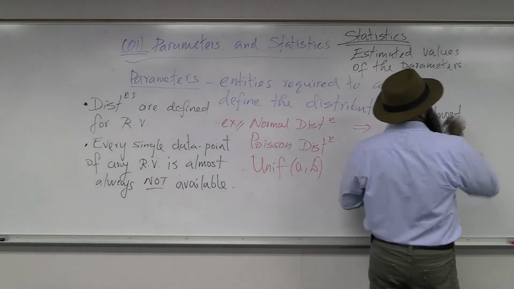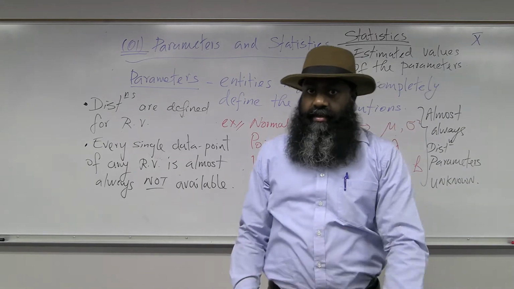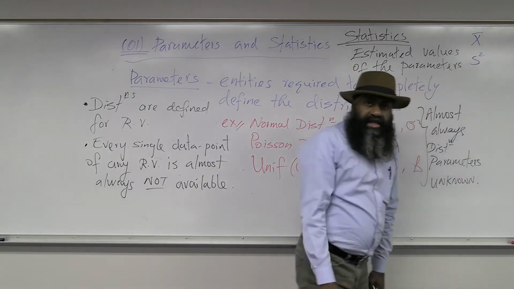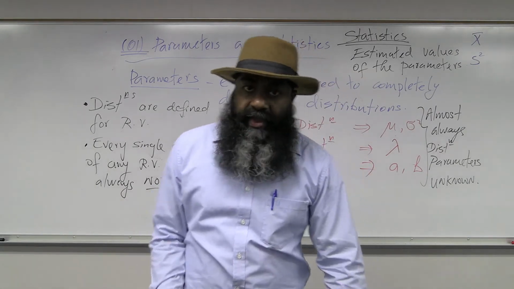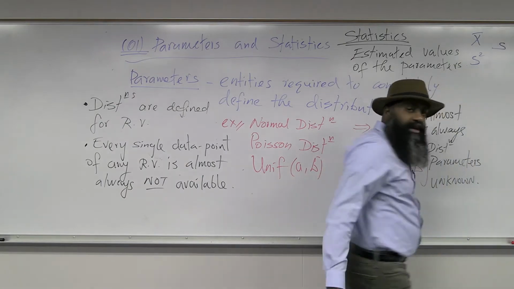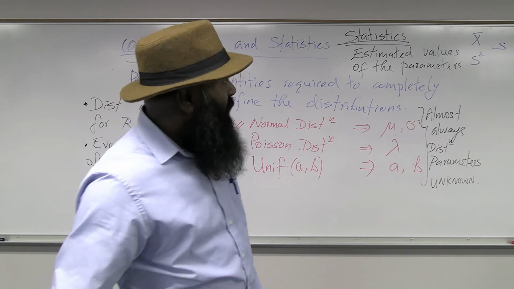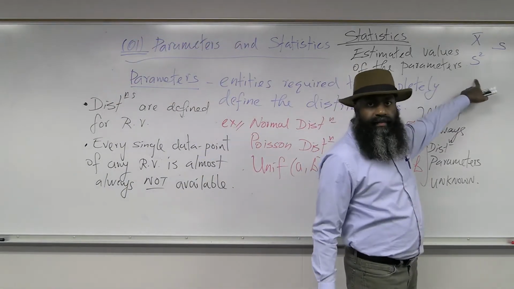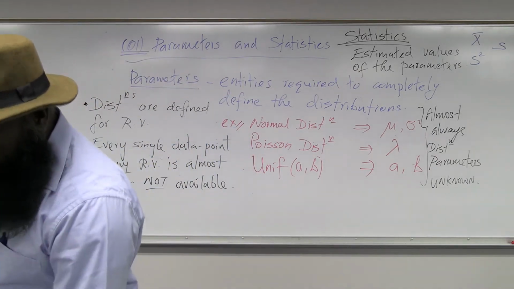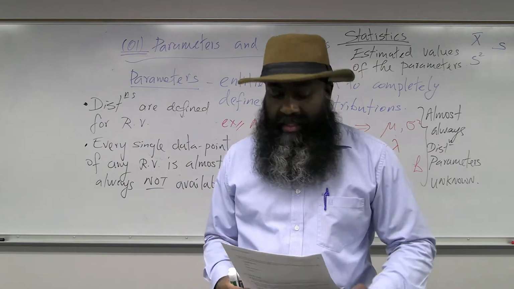For example, x bar. This is the sample mean. It's a statistic. And s squared, which is the sample variance. And s, which is the sample standard deviation. They are all estimated values of the parameters. Therefore, they are called statistics. Okay? All right, so that's what we have to write down under point number 1, parameters and statistics. So we know the difference between the parameters and statistics.